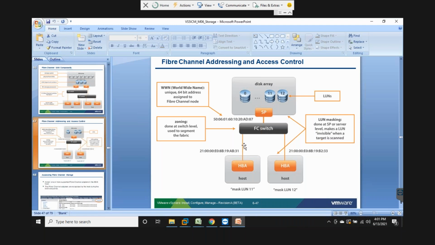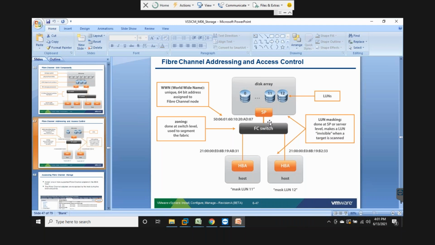Like, this host wants to connect to this switch, then somebody should provide access to this particular WWN. Otherwise, even if you connect the cable, you will not be able to access it. So somebody should allow this particular WWN number to connect to this particular switch.